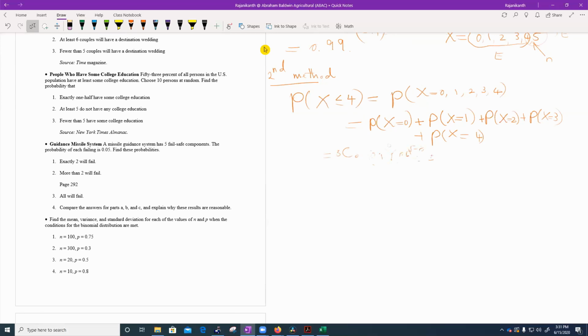And the second one, 5 choose 1, 0.4 to the power 1, and 0.6 to the power of 5 minus 1, plus 5 choose 2, 0.4 to the power 2, and 0.6 to the power of 5 minus 2, plus 5 choose 3 times 0.4 to the power 3 and 0.6 to the power 5 minus 3. And the last one, 5 choose 4 times 0.4 to the power 4 times 0.6 to the power 5 minus 4.